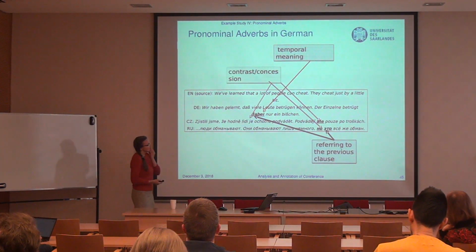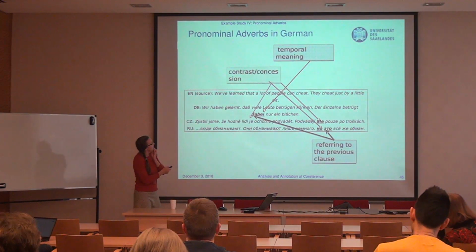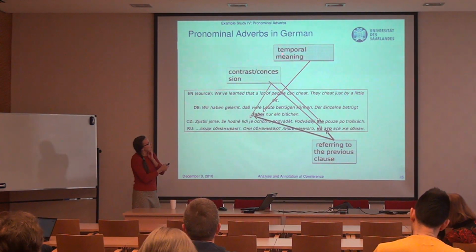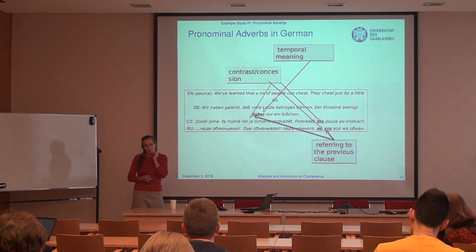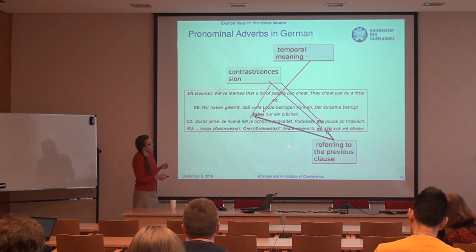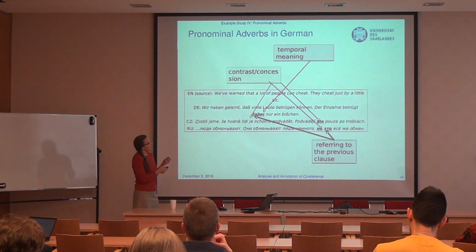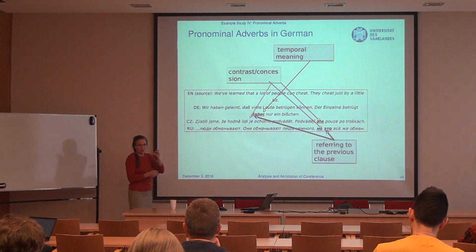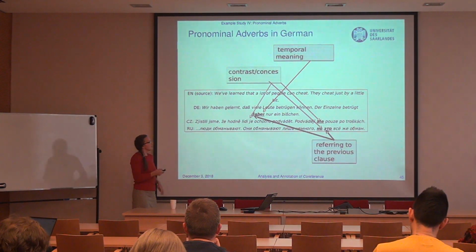This dabei may be seen as a connective which may express temporal meaning or contrast and concession, depending on how you interpret the sentence. It can also be a referring expression, like "while this", so the connection, preposition and co-referring expression.